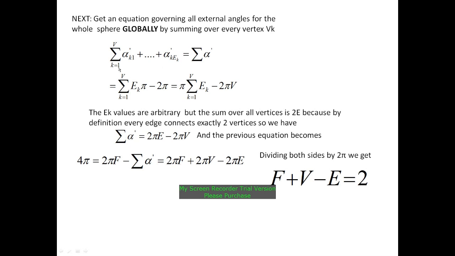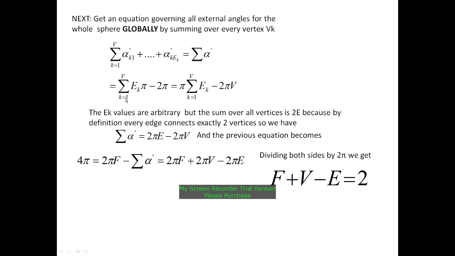But if you sum over all k from 1 to v, where v is the number of vertices for the whole system, you get the sum of all external angles for the whole system. Each one individually is ek, the unknown arbitrary number at that kth vertex, times pi minus 2 pi.